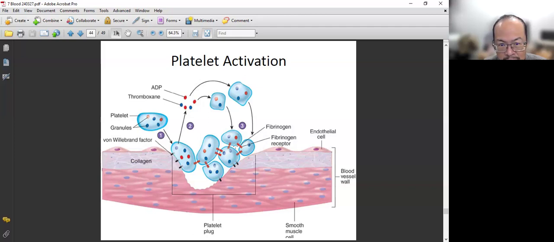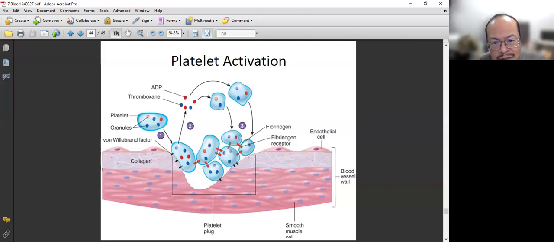They will stick to all of them. So it forms like a clot, right? It will just get together and try to seal this damage. You can see that this doesn't really have leakage, but any wound, any injury will cause them to get together. So that's why any vessel injury will increase the chance of forming thrombosis.